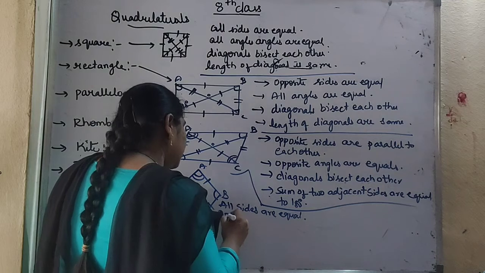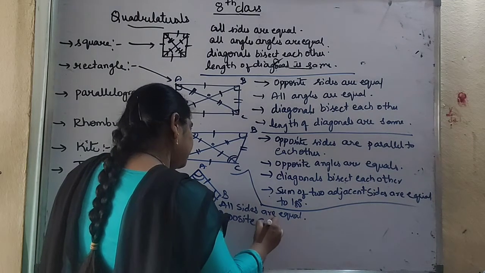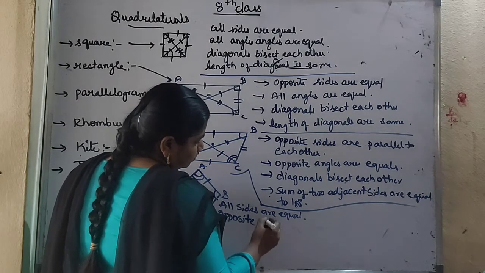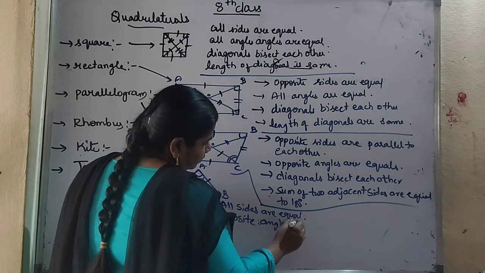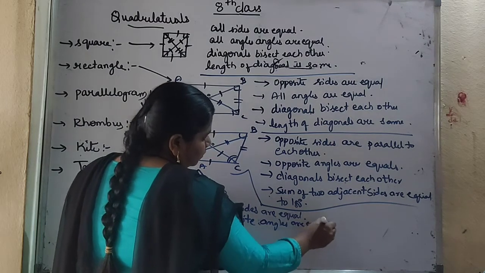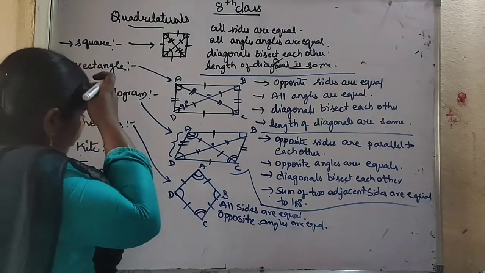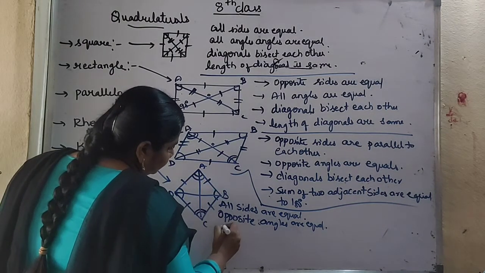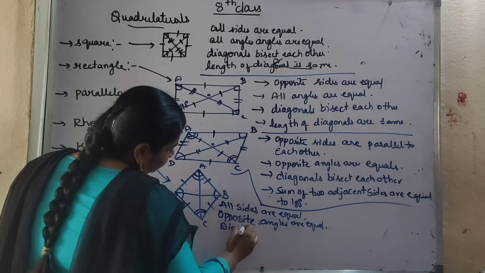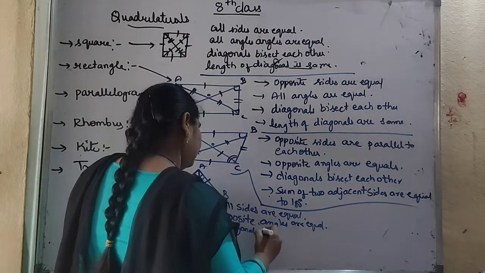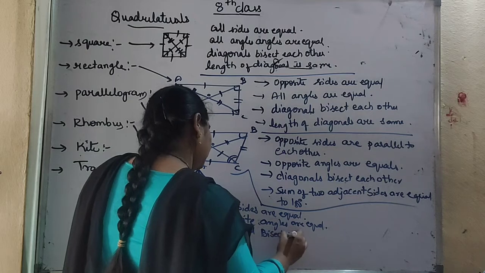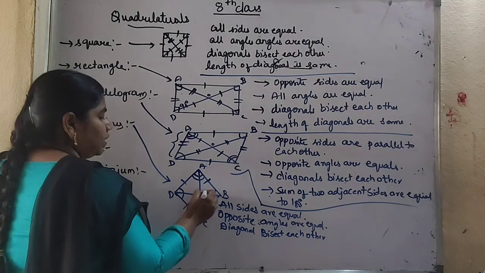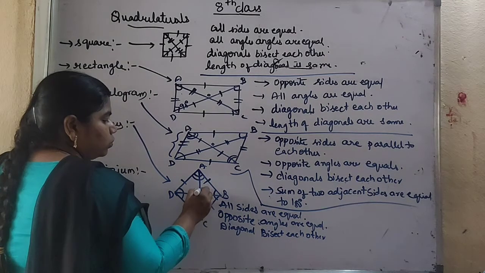So opposite angles are equal, and if you come to these diagonals, they bisect each other. And it is forming a perpendicular angle here, so it is equal to 90 degrees.